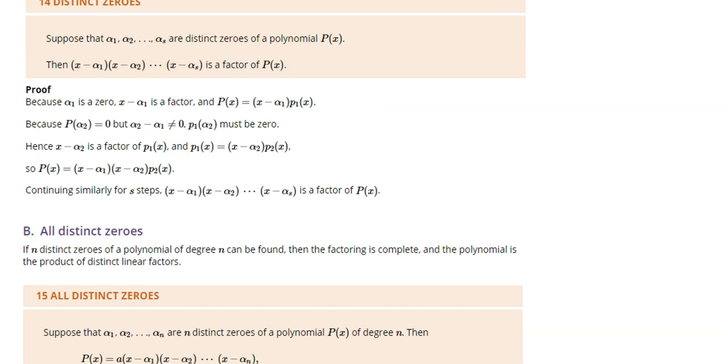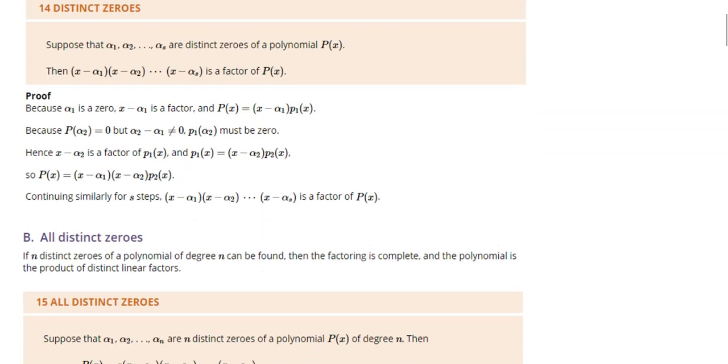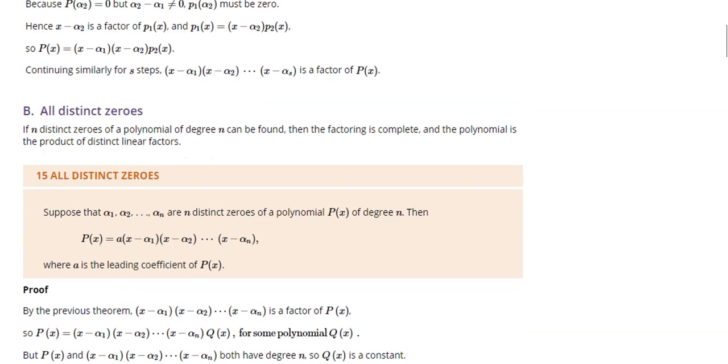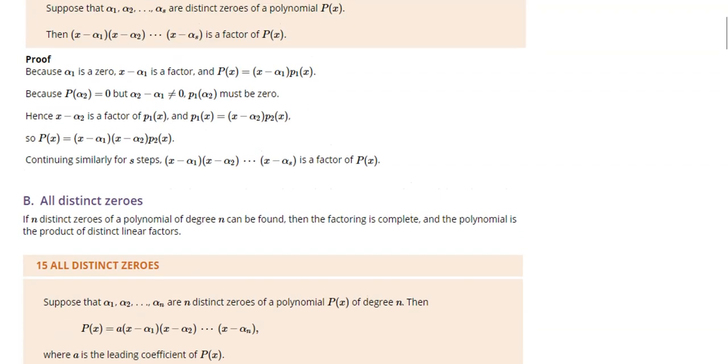You keep doing that until you have all of the factors. It's just the building block of what we've been using, and something you can extract from that. So those are several distinct zeros, as opposed to all distinct zeros, which we'll have a look through in a sec.